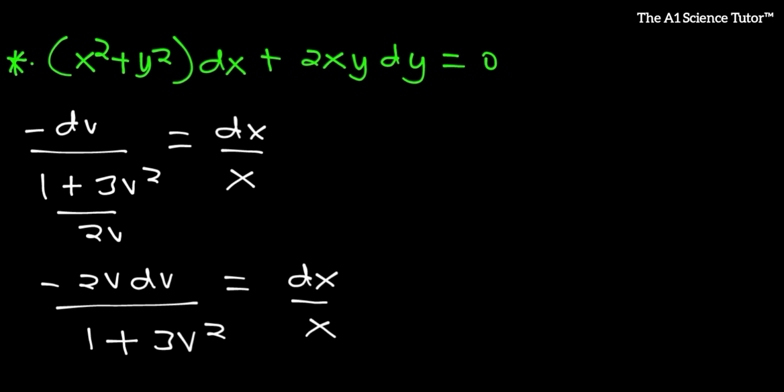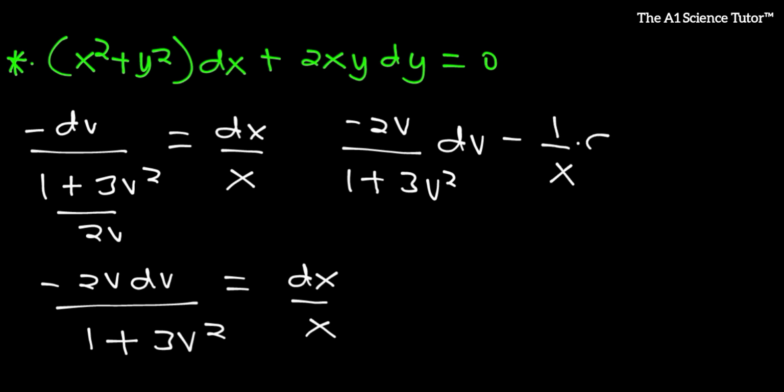Now, what is the final thing that we need to do? So we actually need to take this and bring it back inward. So this is going to be negative 2v over 1 plus 3v squared dv, minus 1 over x multiplied by dx, and this will be equal to 0.